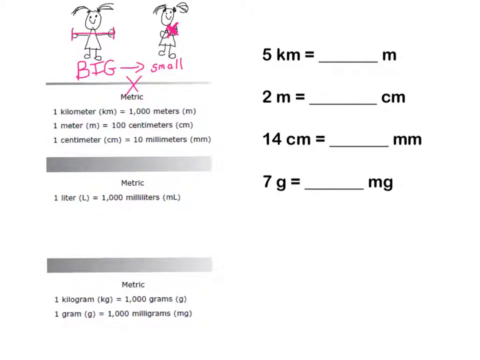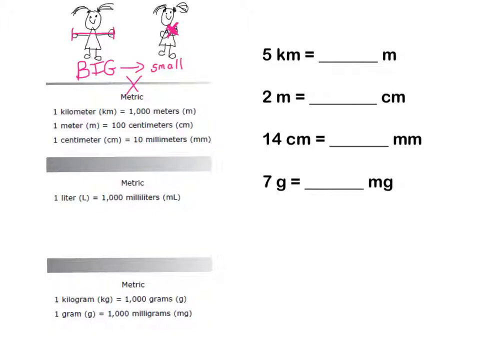Alright, let's look at these example problems, and on this slide I'm only going to be dealing with the big to small units. So imagine again our illustration up here at the top, arms widespread, big, we're going to go to small, arms crossed, that means we're going to be multiplying. So if we look at our first one here, we have 5 kilometers, and it's going to equal how many meters?